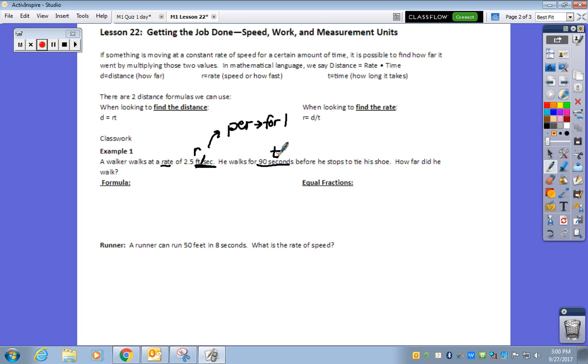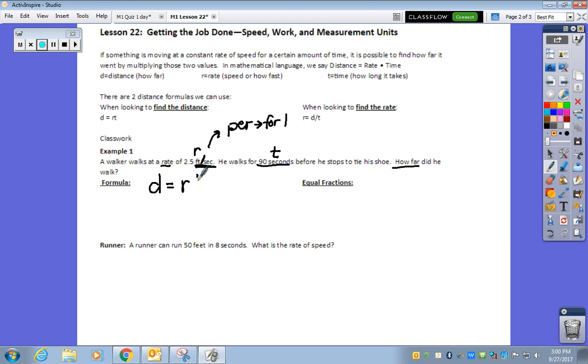It's asking us, how far did he walk? So we're looking to find the distance that this person walked. To find the distance, we can use the formula D is equal to rate times time. Whenever I'm using a formula, I want to start by writing that formula out.